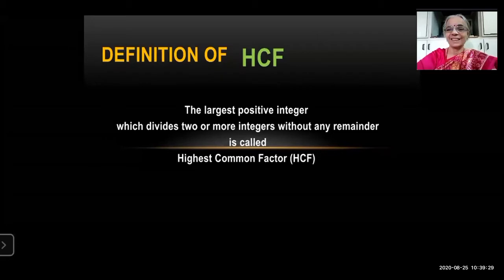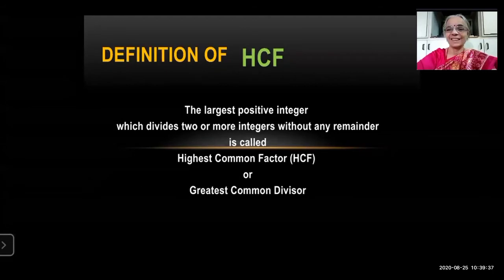Then it is called the highest common factor. The second name of highest common factor is the greatest common divisor or the greatest common factor. So whatever is given in the test, in the scholarship exams or in the textbook, whether it is HCF or GCD or GCF, they are all the same. Okay.